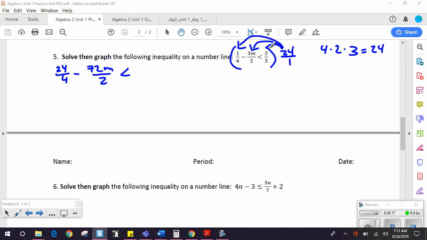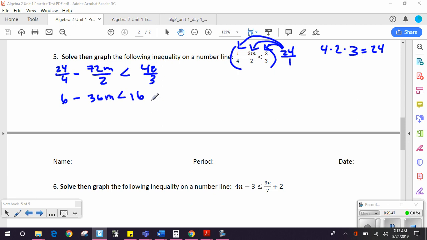Now multiply it with the last term, 2/3, which would give me 48 thirds. Now we reduce. So 24 divided by 4 is 6. 72 divided by 2 is 36m. Less than 48 divided by 3 is 16. Sorry, I forgot my m.